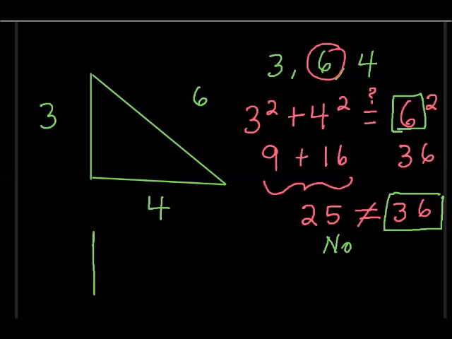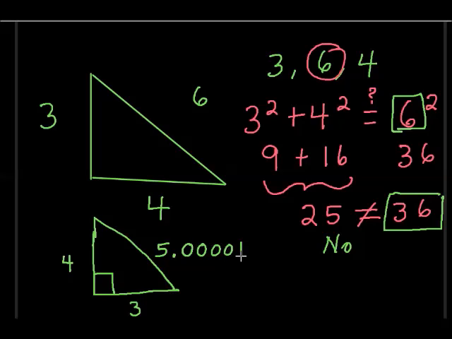Let's start with something that I know is a right triangle, and I'm going to use a 3, 4, 5. This is a famous proportion for a right triangle. What's going to happen if I make this a little bigger? Let's say I make it 5.00001. When I square that number, it's going to be just a little bit more than 25.